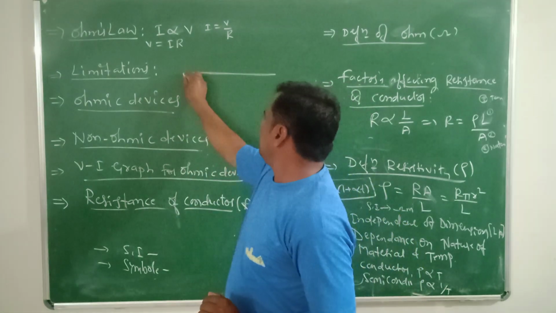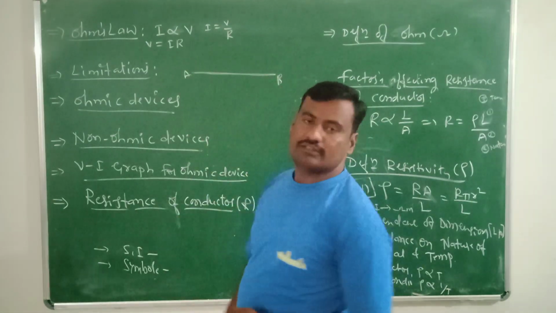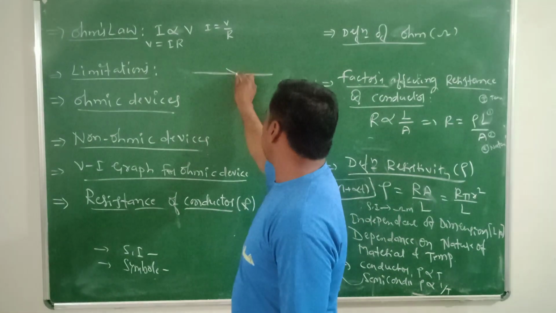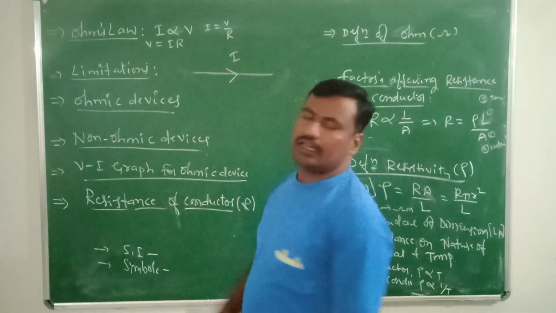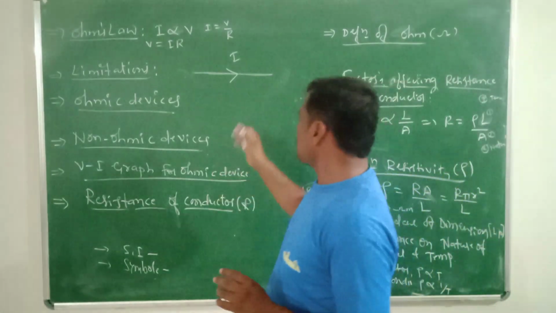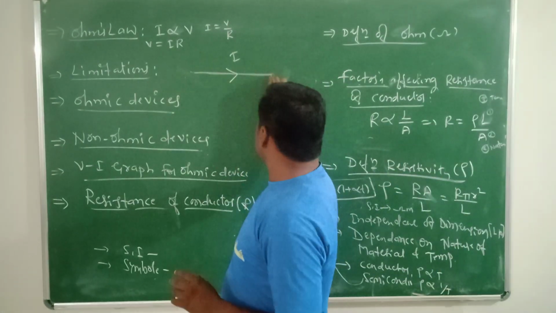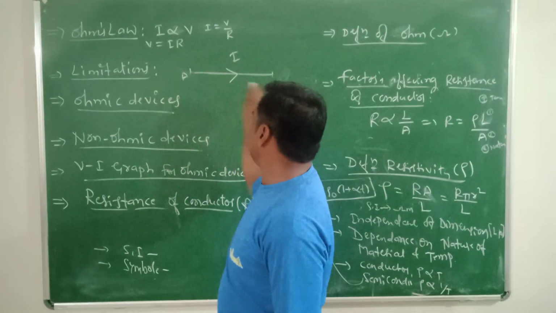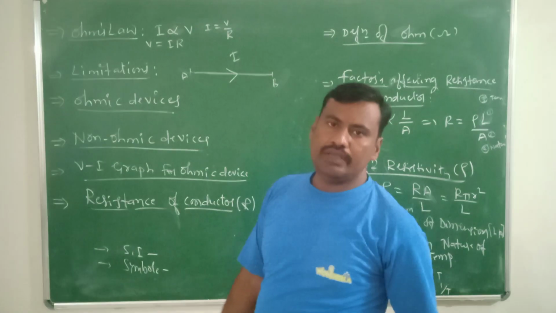I am writing AB is a metallic wire or metallic conductor. I amount of current is flowing in this conductor. Between the two ends of this wire, I am taking this as the A end and this as the B end.